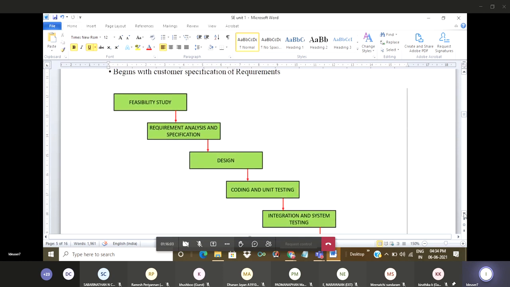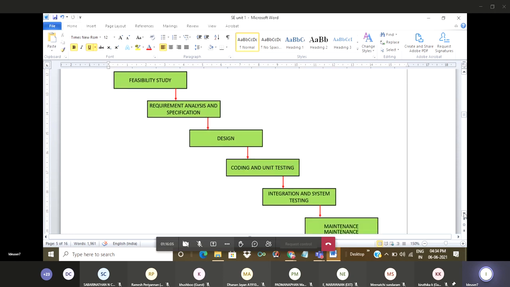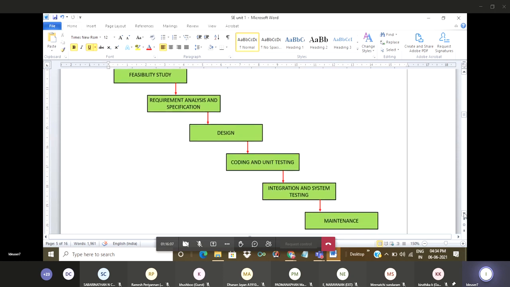First step is feasibility study. Second is requirement analysis and specification. Third is design. Fourth is coding and unit testing. Fifth is integration and system testing. Final is maintenance. These are the steps to be carried out in the waterfall model.